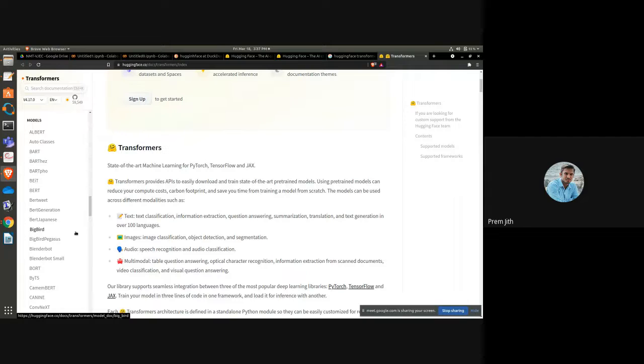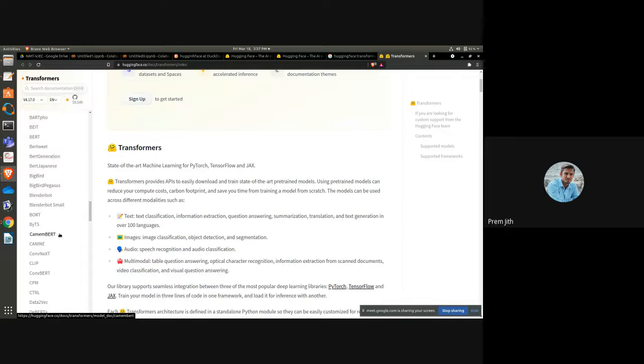Then CamemBERT is for French data. So there are different models. I can't remember all the names, but since it is there in the Hugging Face transformers, it is easy to go through the documentation and use it.